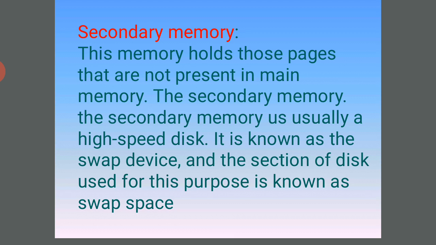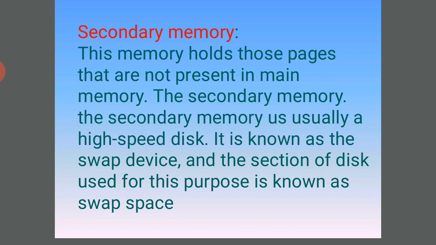This memory holds those pages that are not present in the main memory. The secondary memory is usually a high speed disk, known as the swap device. Swap means, in the secondary storage devices, just like we take one hard disk, the hard disk capacity is 500 GB.